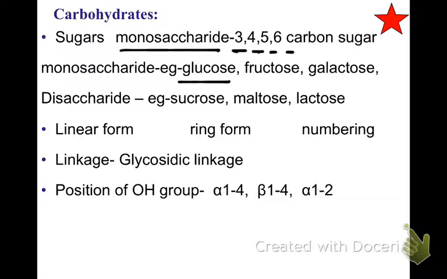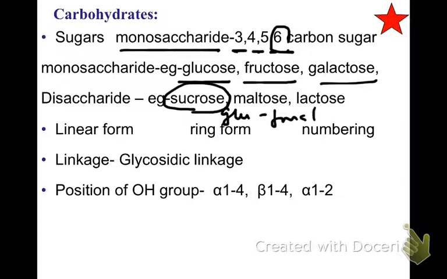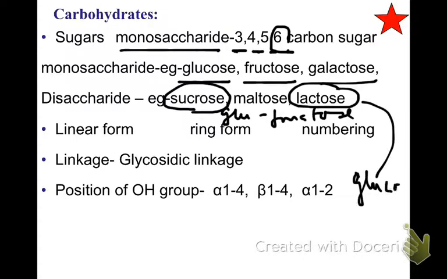This is a 6 carbon. Fructose and galactose. All of these three that are mentioned here are 6 carbon sugars. Disaccharide is sucrose, which is a combination of glucose and fructose. Then lactose, which is a combination of glucose and galactose.